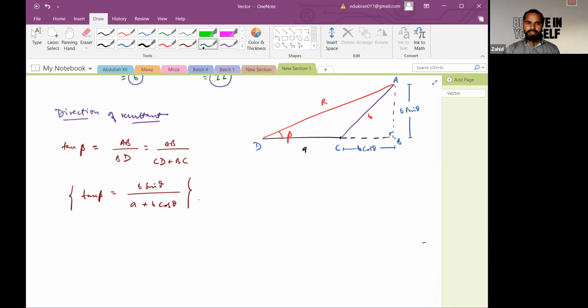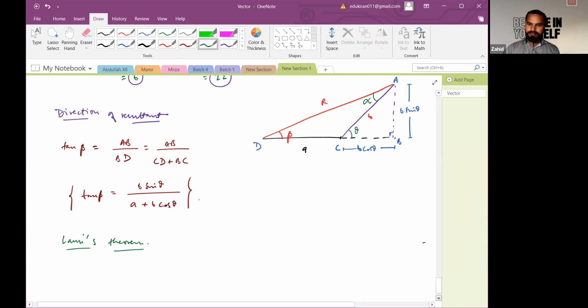I'm defining you one more relation with respect to A, B, and R, which is called Lami's theorem. Let's say opposite to this A is some alpha angle, and let's say this is theta.